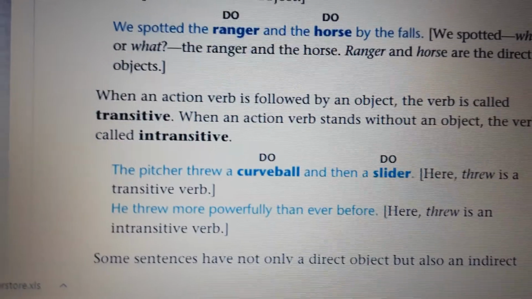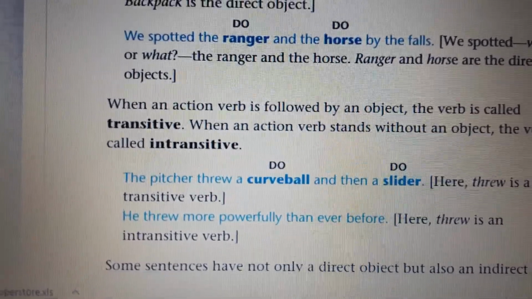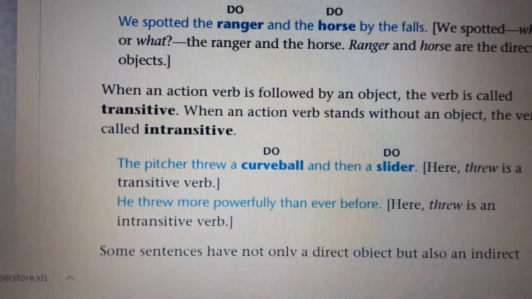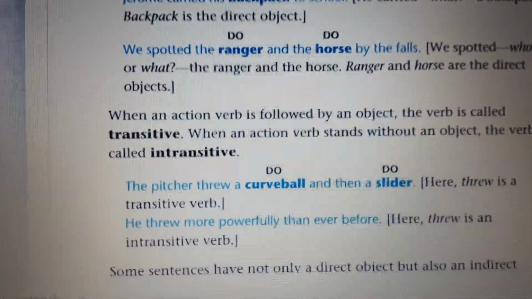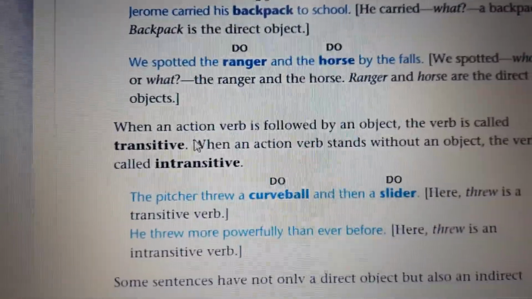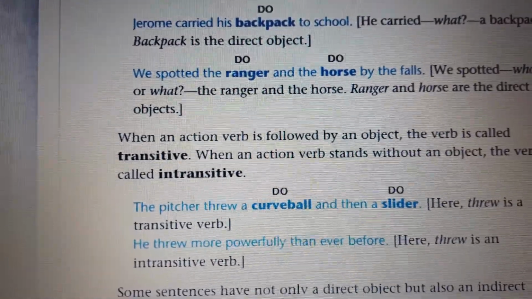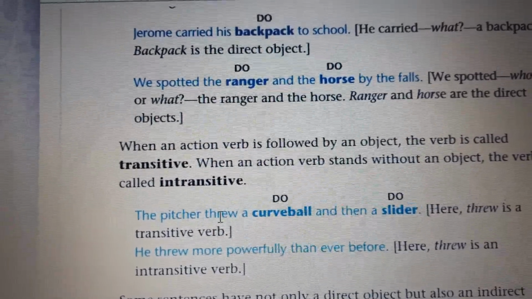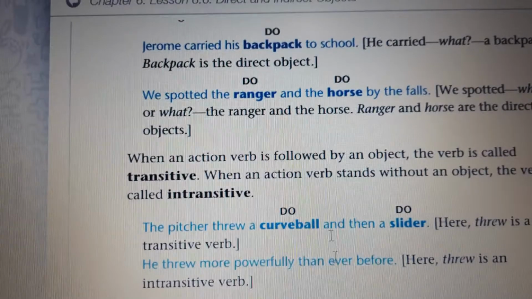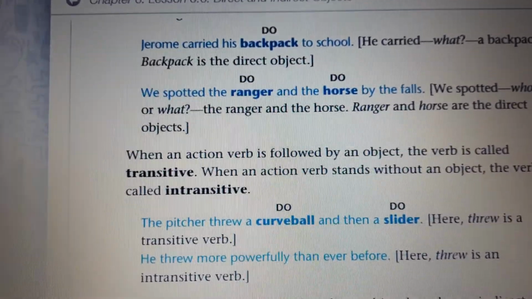So these are direct objects. So here threw is a transitive verb because an action verb is followed by an object. Threw is an action verb followed by two direct objects, so we call it a transitive verb.